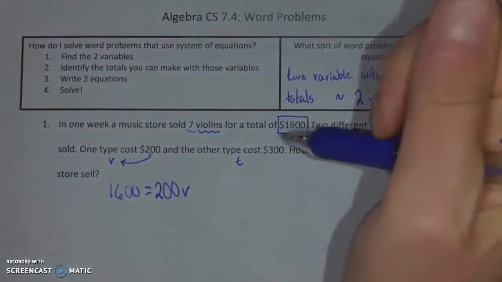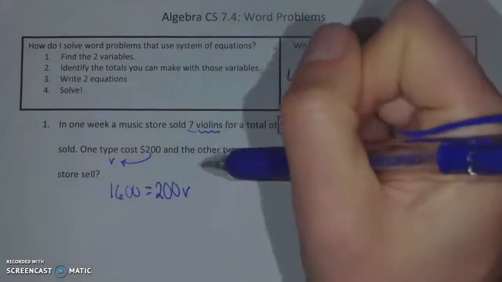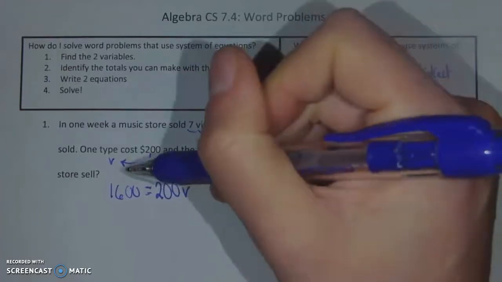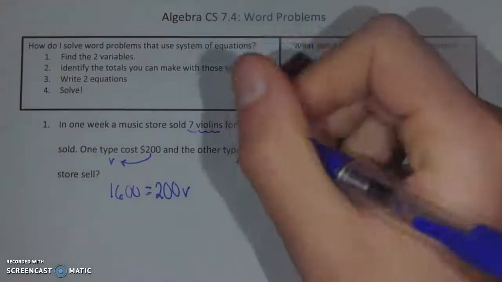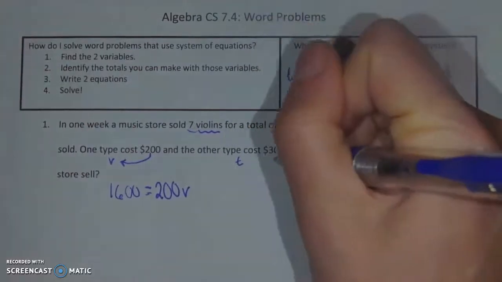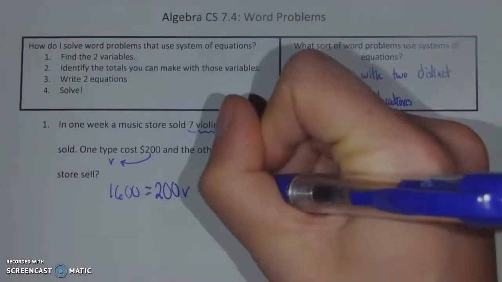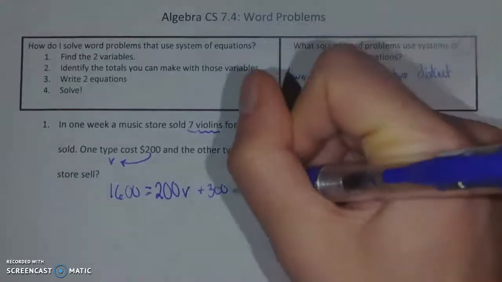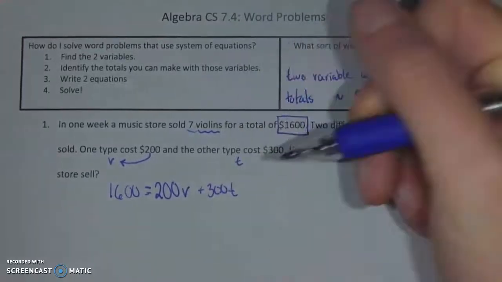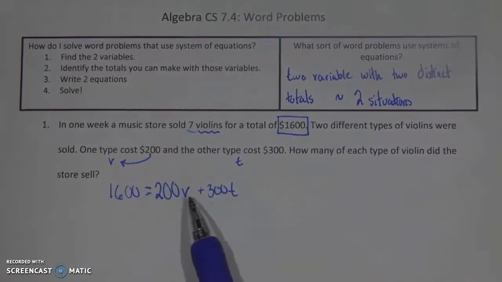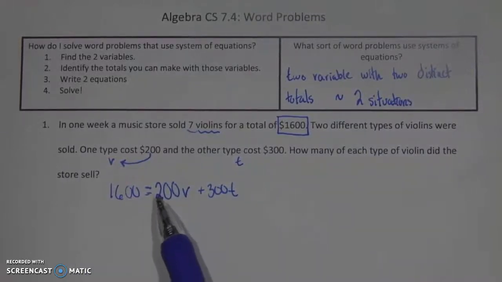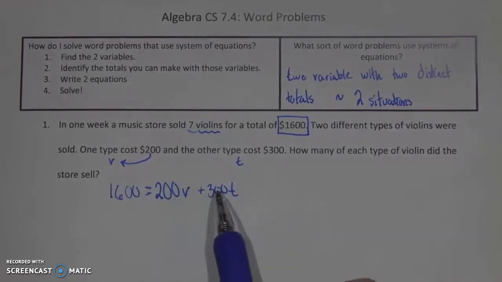And in this one, they combined the amount that they got when they multiplied by the first type to the amount of money that they got when they multiplied by the second type. So this is again another rate. I'm doing 300 times the number of this type that was sold. So I end up with this formula, and I know they figured out their total earnings based on these two numbers.